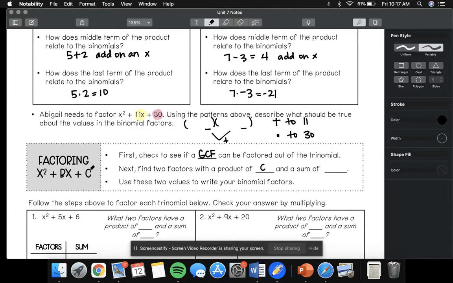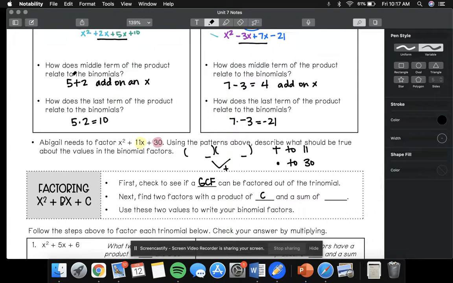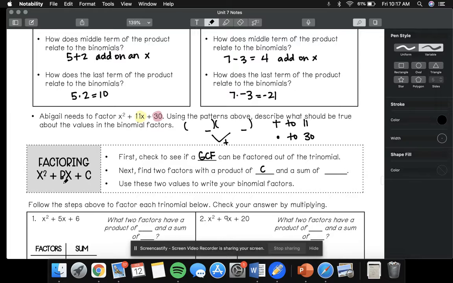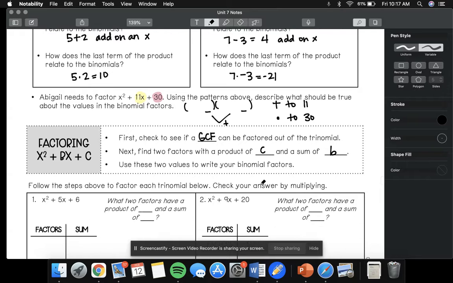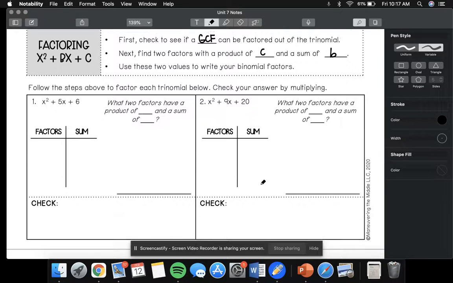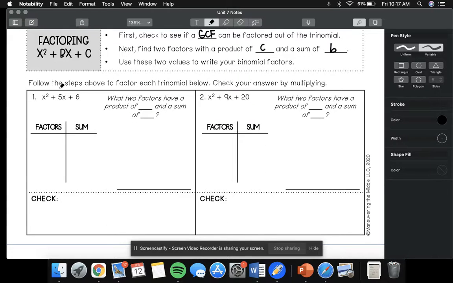So it has to multiply to the last term, just like how it had to multiply to 10 and negative 21. But it also had to have a sum of the middle term, which is the b term. Then use those two values to write your binomial factors. So of course, we're going to do this together. Follow the steps above to factor each trinomial below.